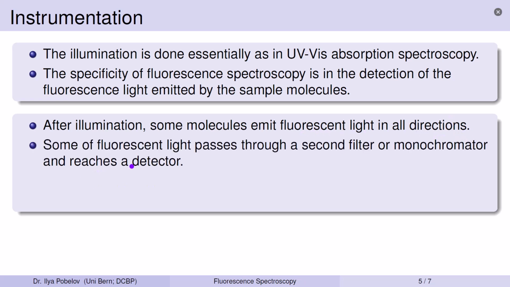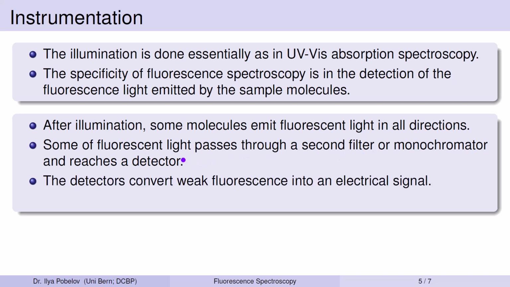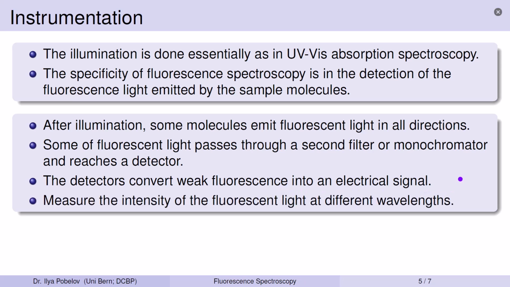Some of this fluorescent light passes through a second filter or monochromator and reaches a detector. These detectors, such as photomultiplier tubes or photodiodes, are capable of converting weak fluorescence into an electric signal. This allows us to measure the intensity of the fluorescent light at different wavelengths.